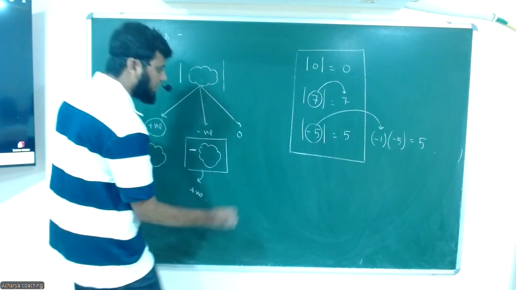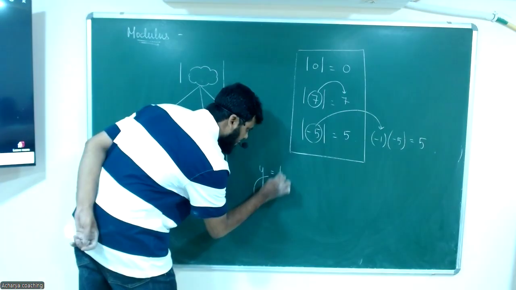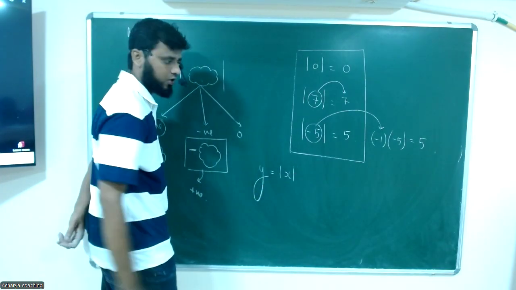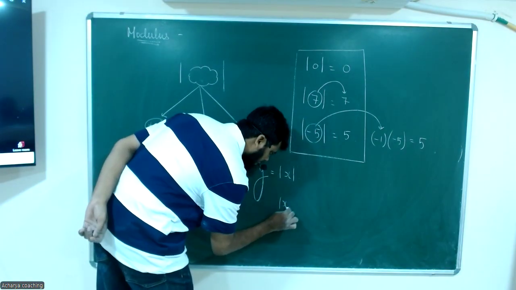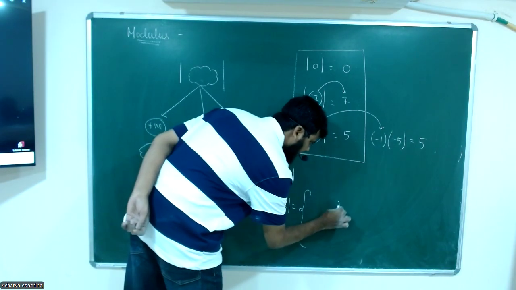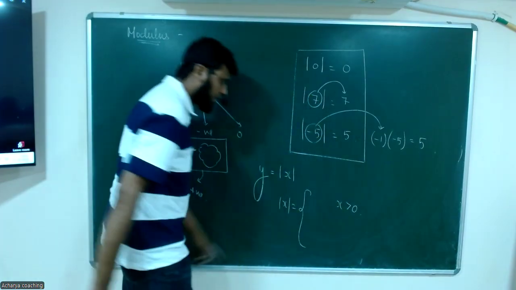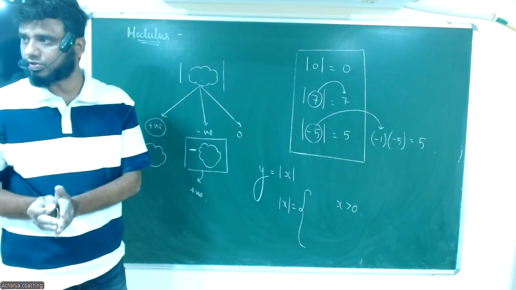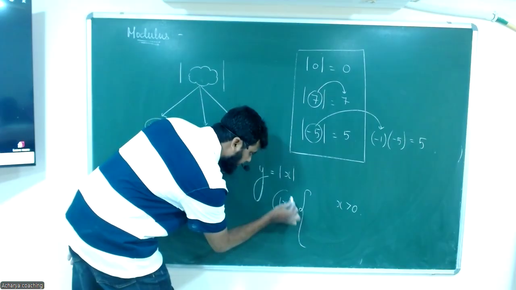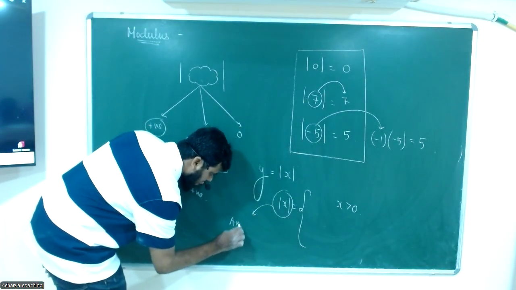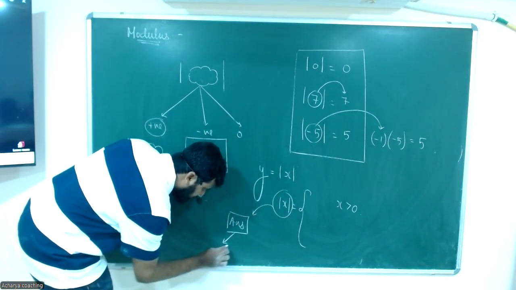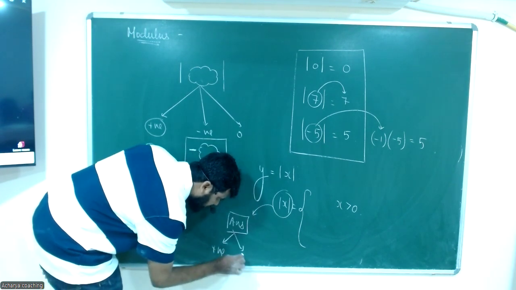Suppose I have y equal to modulus of x. How can I split this? If x is greater than 0, whatever is there inside mod is positive. The answer is either positive or 0.